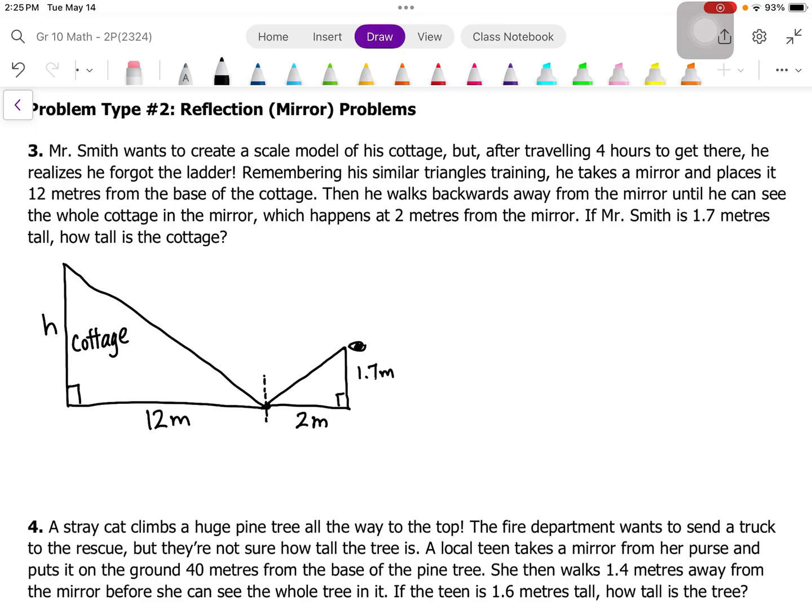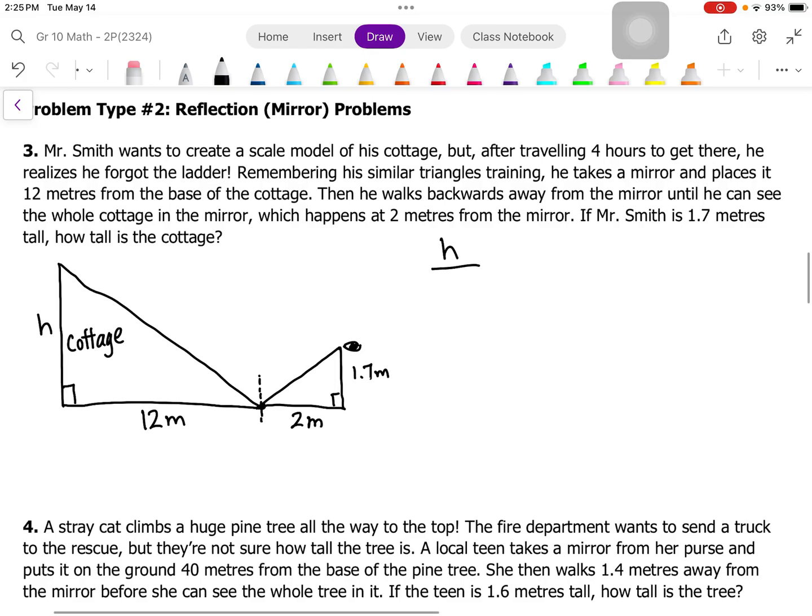So we have a proportionality between the distances from the mirrors and then the heights of Mr. Smith and the cottage. So here we're going to take the height of the cottage compared to the distance from the mirror, and then we're going to take the height of Mr. Smith and his distance from the mirror. And we don't need to put units in over here.